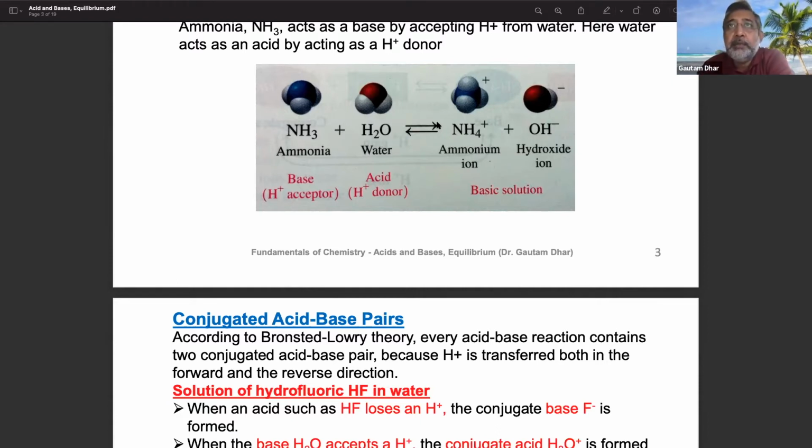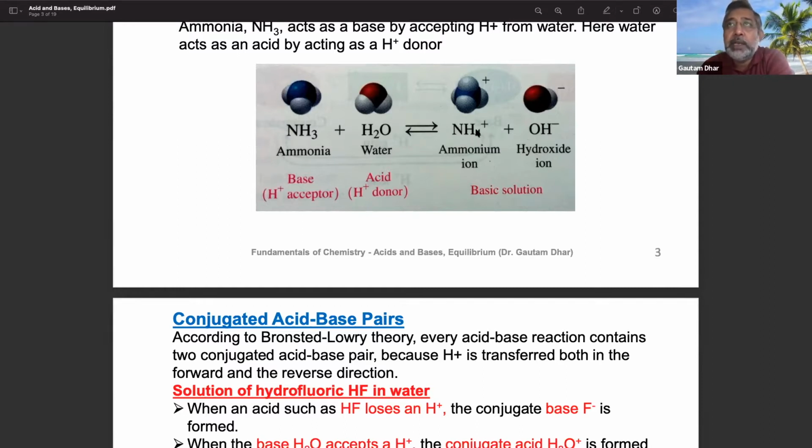That means the reaction in the forward direction is not complete. So the reverse can also happen, because as the products build up, they can combine to give you the reactants, and eventually an equilibrium is reached.